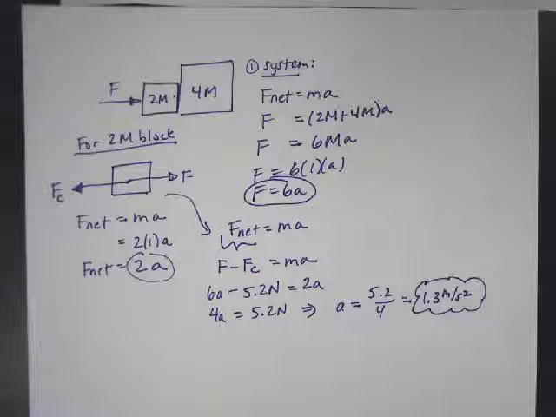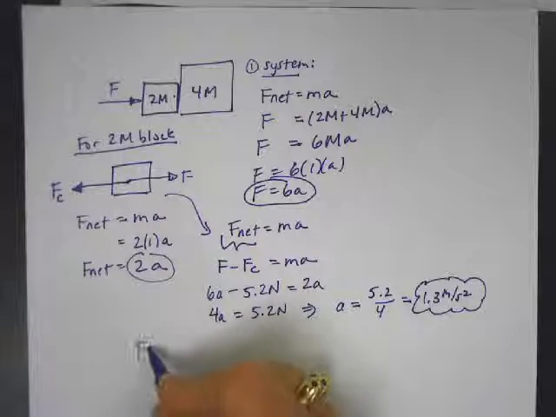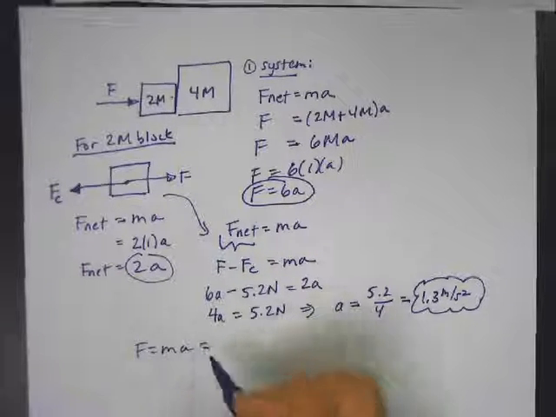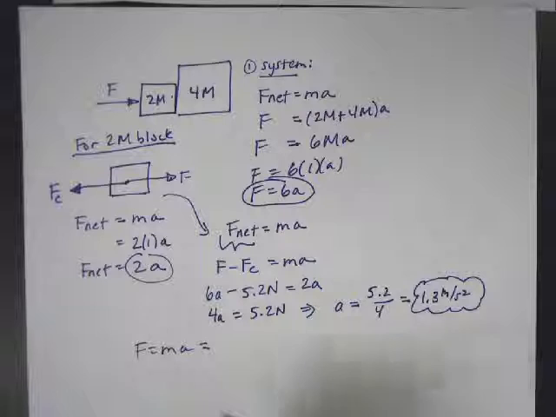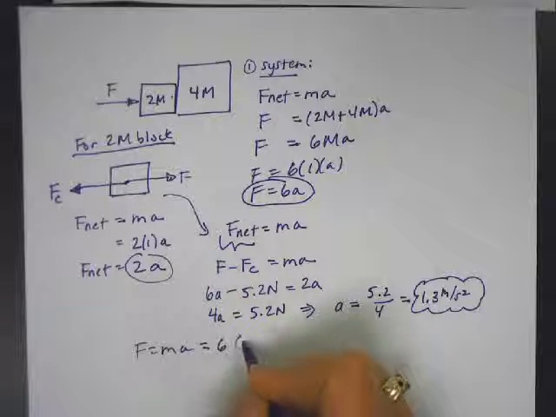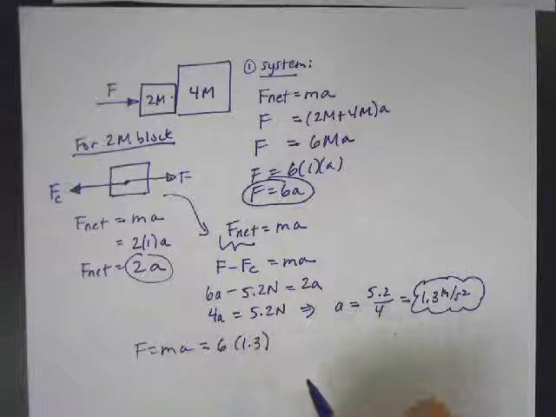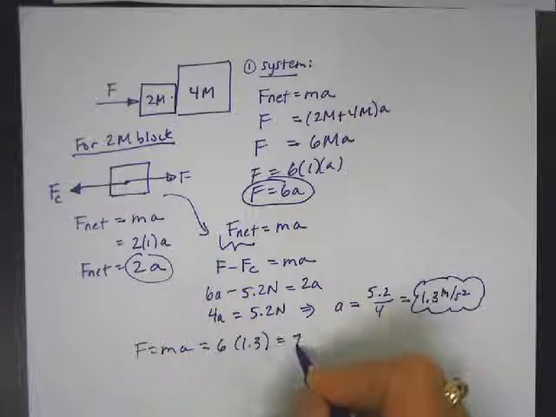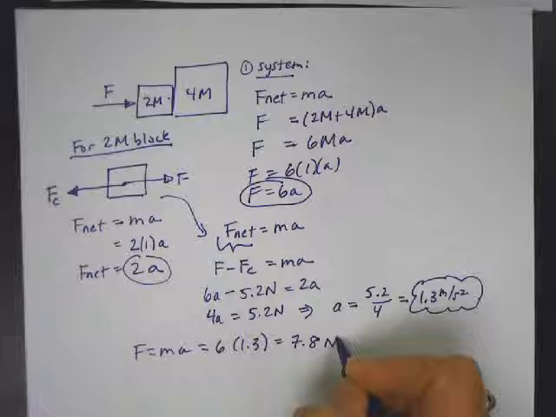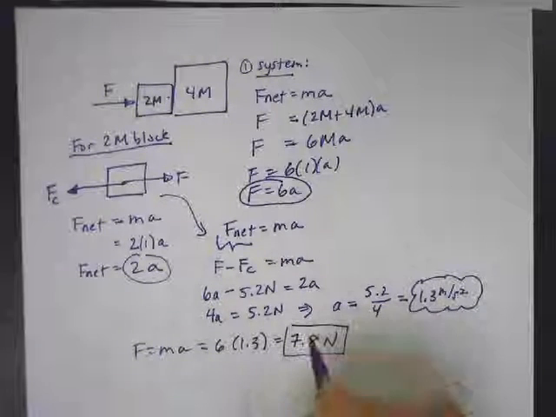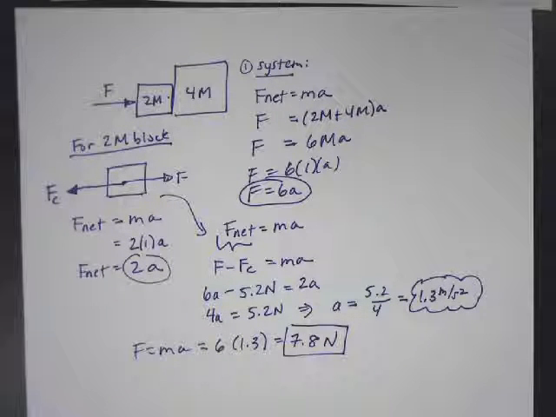And they asked, what is F? F is equal to ma, so I can do F is equal to 6 times 1.3, which is equal to 7.8 newtons. I just did it for the system. Okay? And that's it. So that's that one.